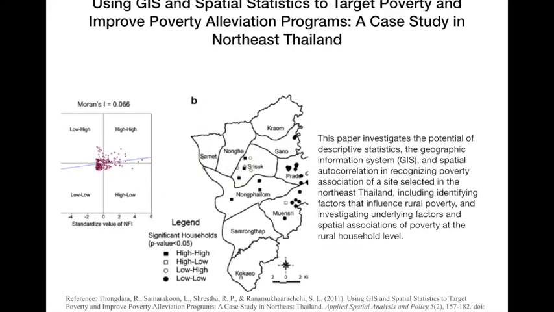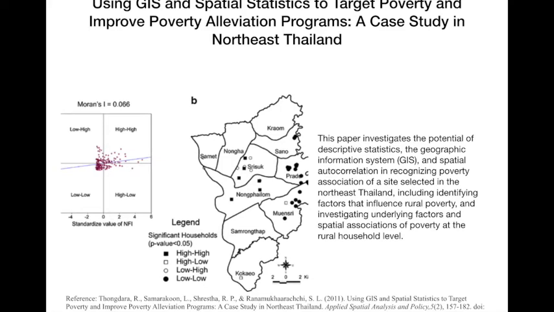And the second literature is about using GIS and spatial statistics to target poverty and improve poverty alleviation programs, a case study in northeast Thailand. This paper investigates the potential of spatial statistics. This paper explores the poverty factors at the rural household level.